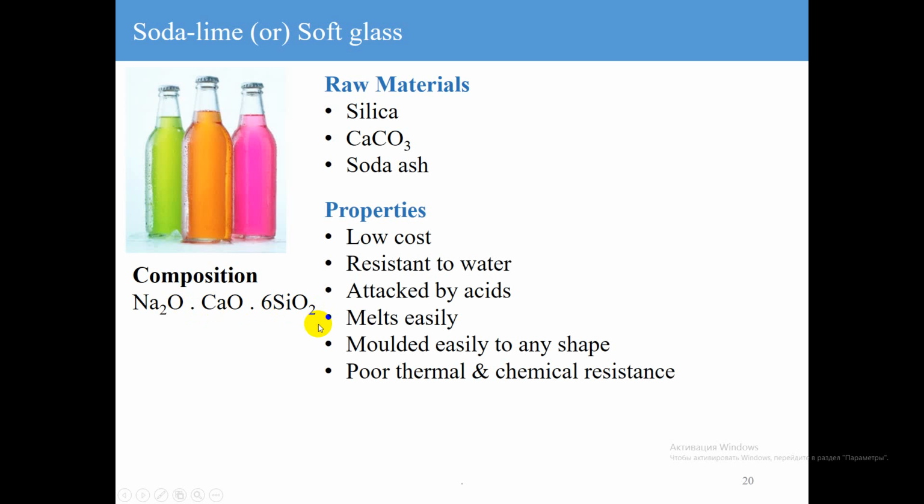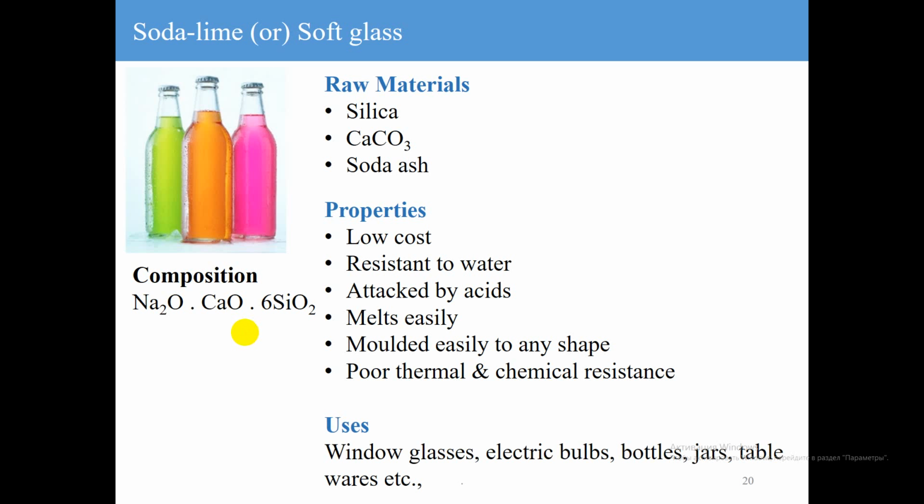Properties: low cost, resistant to water, attacked by acids, melts easily, molded easily to any shape, poor thermal and chemical resistance. Uses: window glasses, electric bulbs, bottles, jars, tableware, etc.